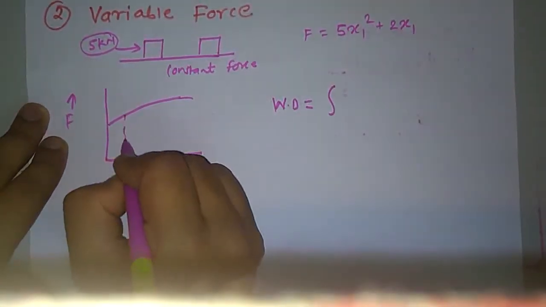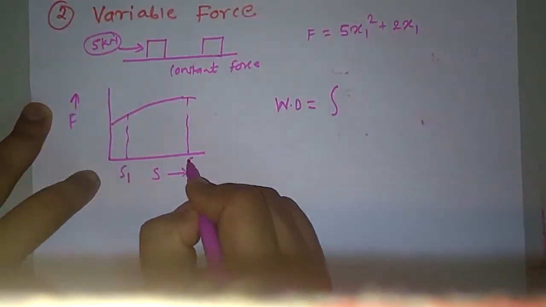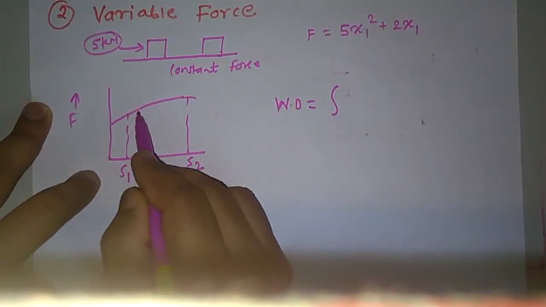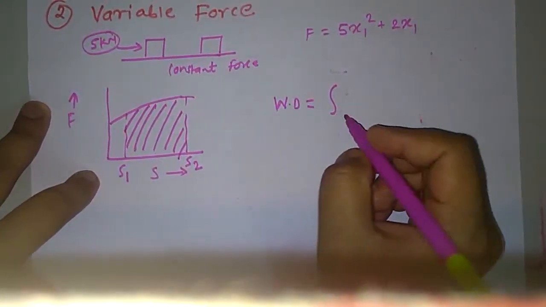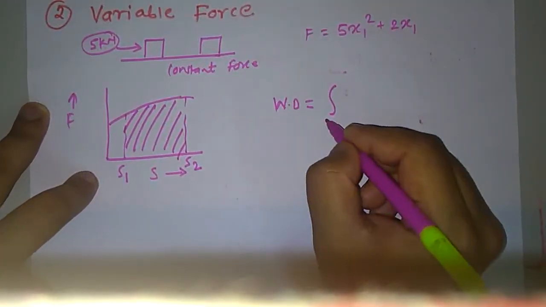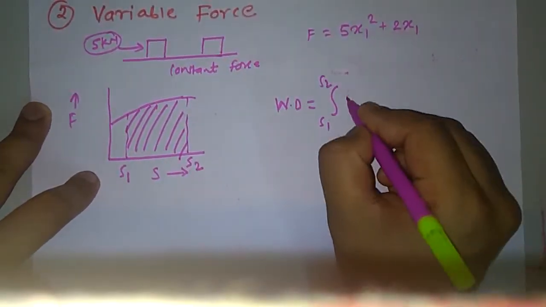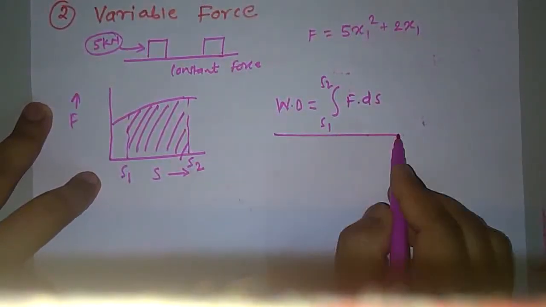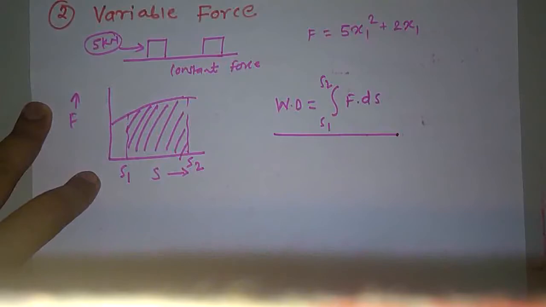Suppose we need to calculate the work done from displacement S1 to S2. Then graphically it is the area under the curve, and by the formula, work done is equal to the integral with limits S1 to S2 of F ds. So this is the formula for the work done by a variable force.